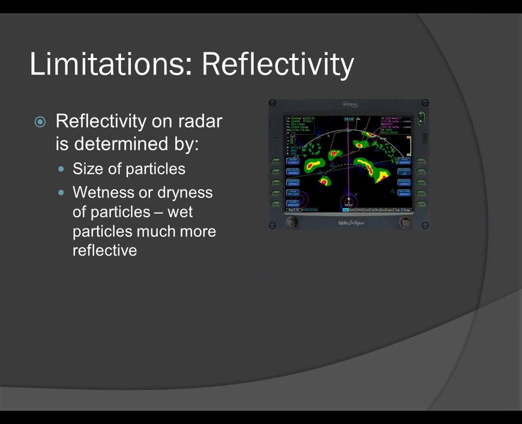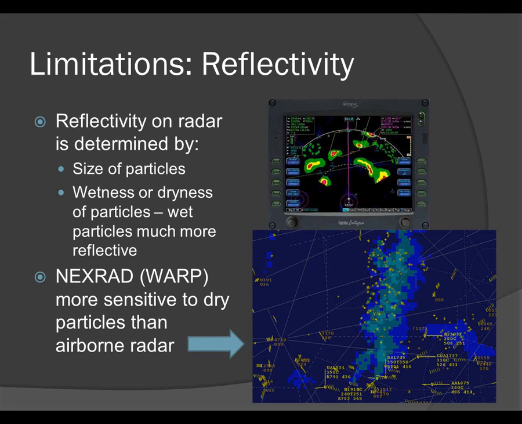First, let's talk about reflectivity. Reflectivity on any radar is determined by the size of the particles, and also by the wetness or dryness of particles. Wet particles are much more reflective. One important point to remember is NEXRAD, or the radar used by WARP, is far more sensitive to dry particles than airborne radar.